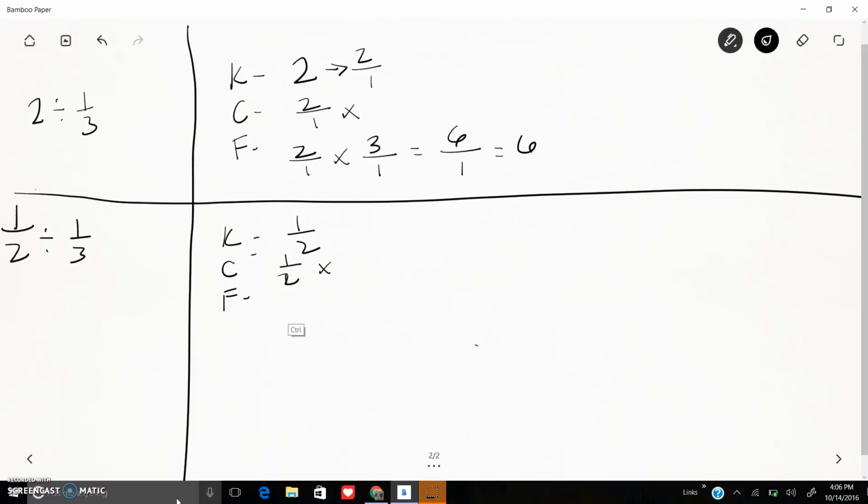I'm going to change the division sign and then flip the second number. So 1/3 flipped over is 3 over 1. Then I'm going to multiply. 3 times 1 is 3. 2 times 1 is 2. That's an improper fraction, so I got to fix that, right? So 3 divided by 2 is 1. So this is whole, numerator, denominator. So that goes to 1 and 1/2.